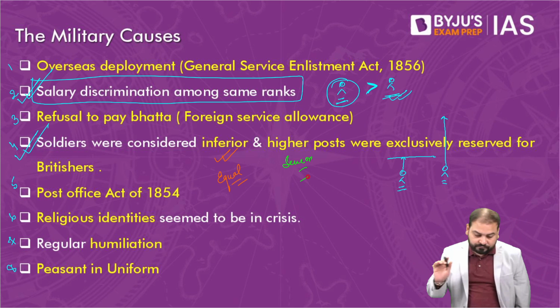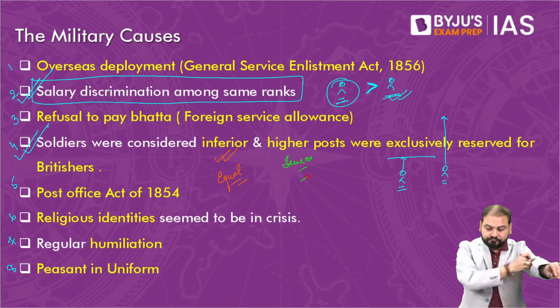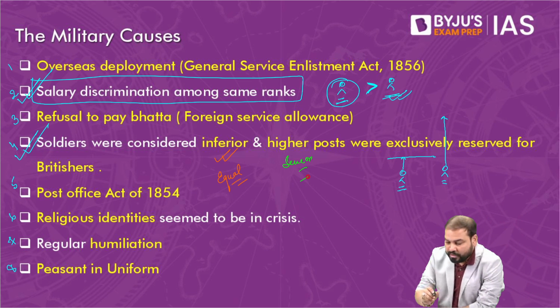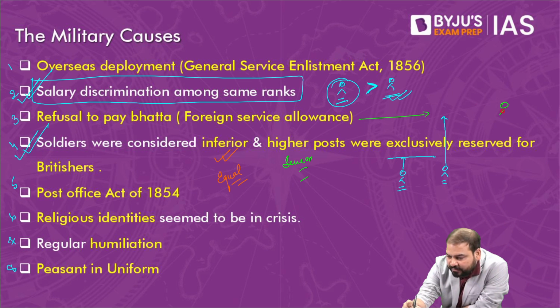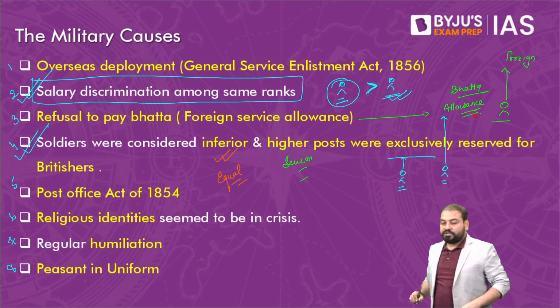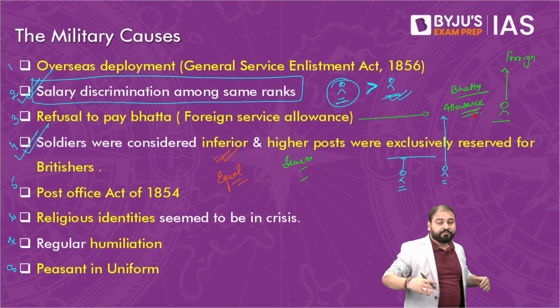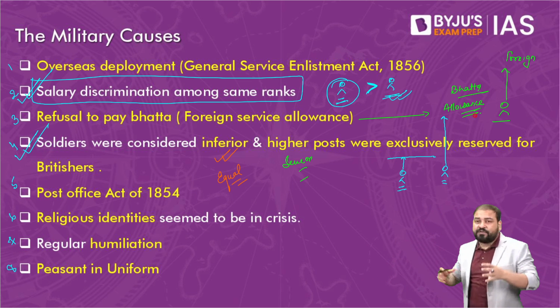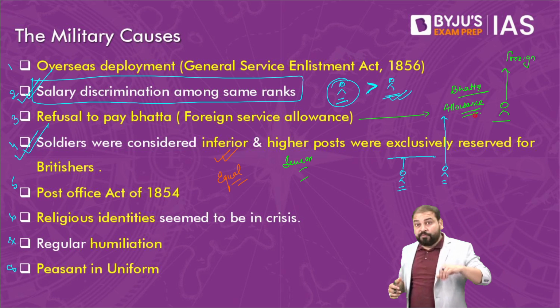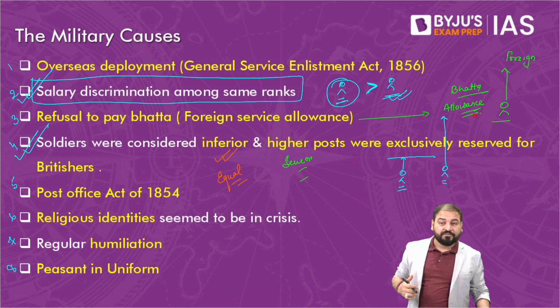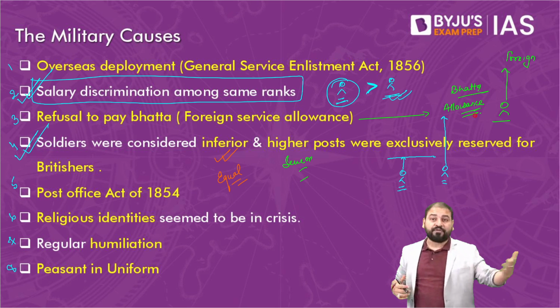Now tell me, earlier when Rohit Kumar used to go to a foreign country, he used to get bhatta. Bhatta means allowance. But now the allowance has been stopped. All of you, this is related to money only. As a soldier, anyways, I get a very less salary, and I would always be looking at that allowance, extra money apart from the salary.